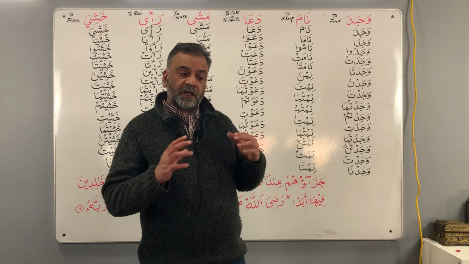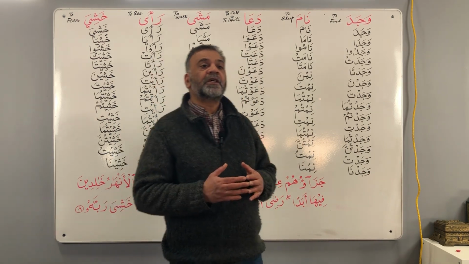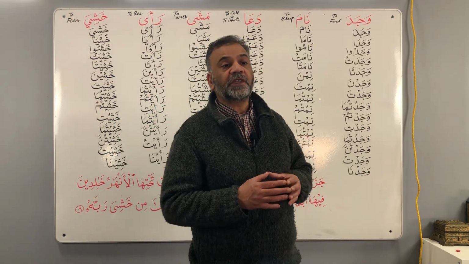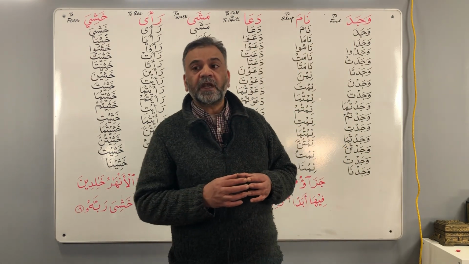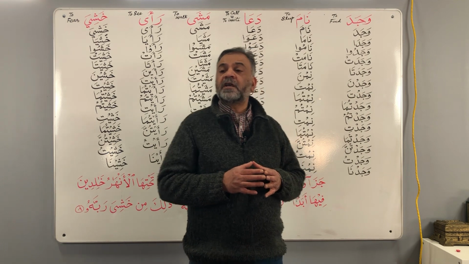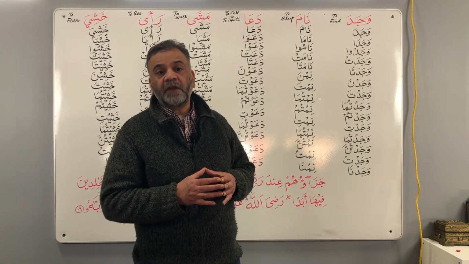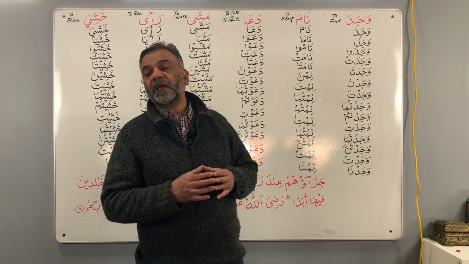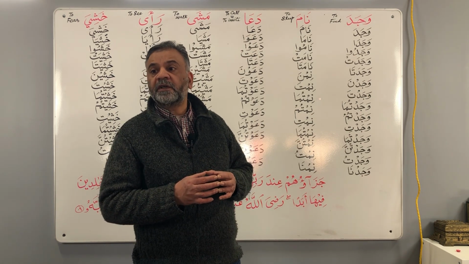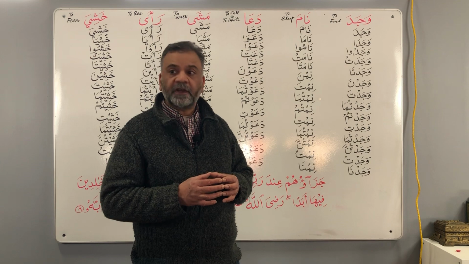So, in the Arabic letters, there are 2 letters which are weak in nature, waw and ya, right. If waw or ya enters into a verb, it will make that verb weak, and the conjugation of that verb will be different.